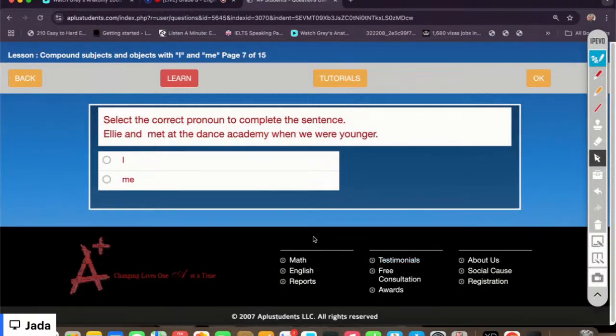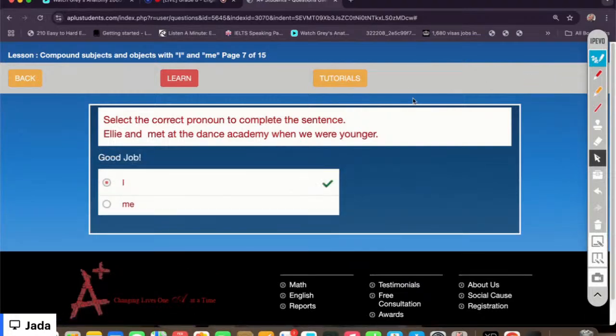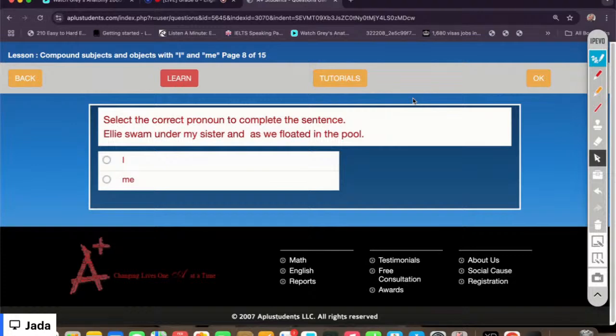Ellie and blank met at the dance academy when we were younger. So is it me or I? So you can say and I. Ellie swam under my sister and blank as we floated in the pool.